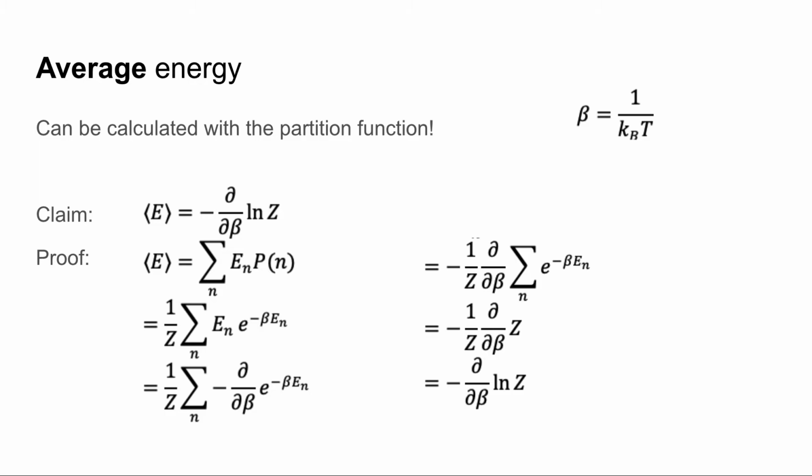It's like saying I know it's this microstate 10% of the time, and this one another 10% of the time, but because the energies of the two different microstates are different, I can't say with certainty that the system has this energy or that energy. I can only say that I know the average energy.